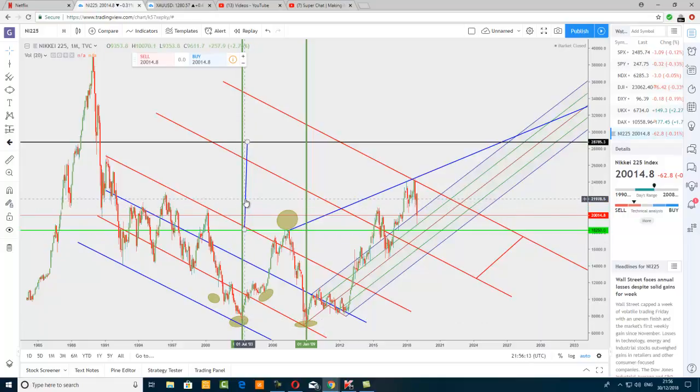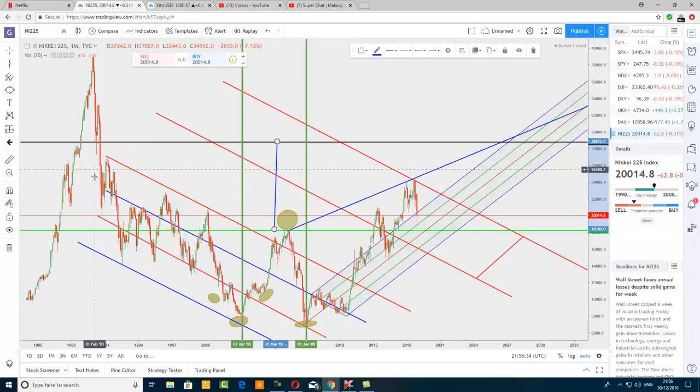If we use the measuring stick of the depth of that inverted head and shoulder chart pattern, and we project it above the neckline, we have a target at 28872. That's the ultimate target for Nikkei 225, talking about medium-term bullish target. 28872.